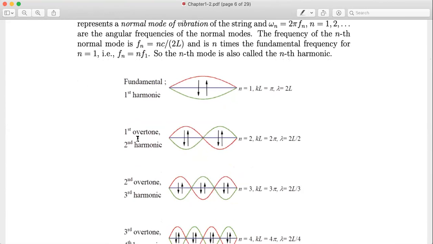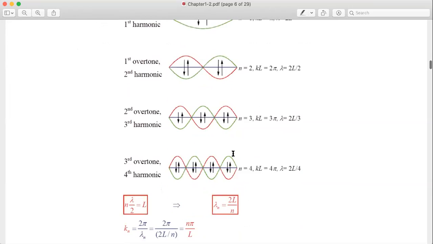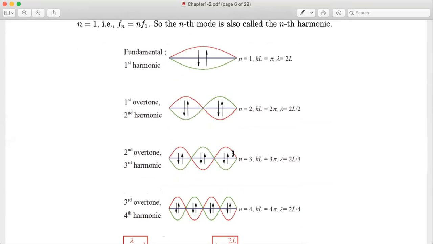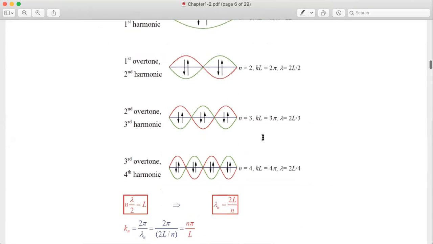So this is the fundamental, this is also called the first harmonic, and second harmonic, etc. That is very related to musical instruments. For example, in the piano, when you strike the key, in general you set up a combination of different harmonics, but that's how it goes.